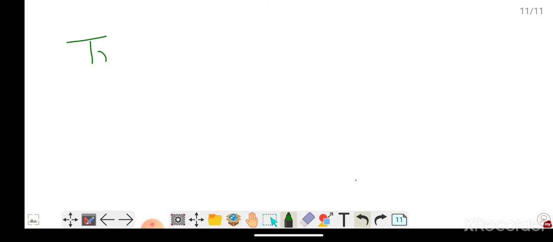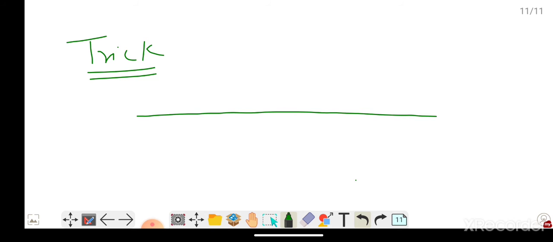Now let's discuss a trick for how to attempt problems of zero order reaction. Let's draw a line. Here half-life means 50% completed.